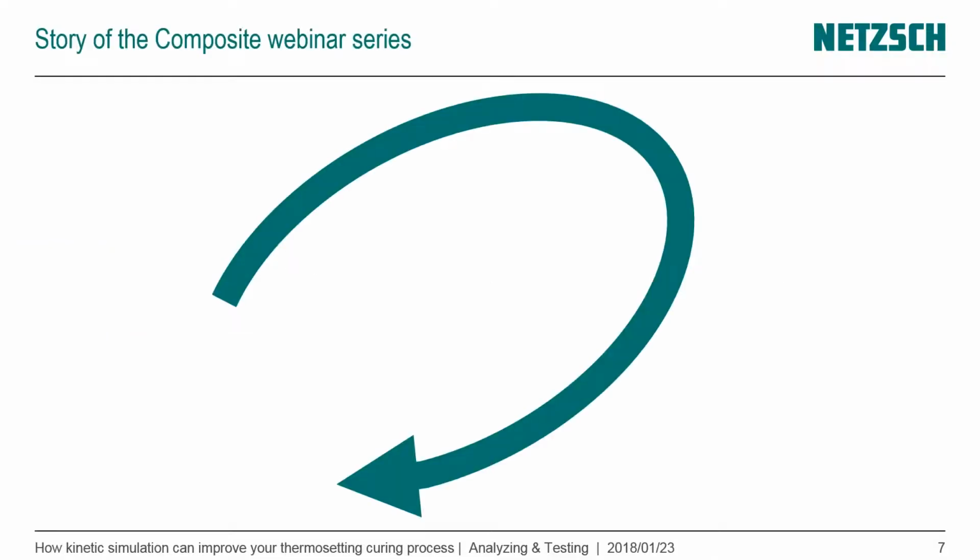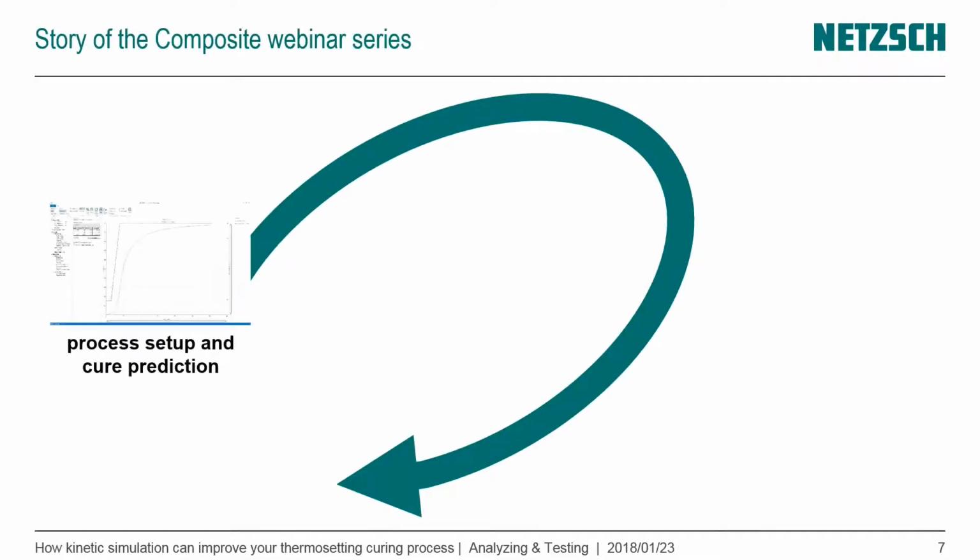In Part 1 of the Composites webinar series, we told you a story of a material manufacturing where the customer didn't know how to process the material. So we did the material characterization using differential scanning calorimetry, and we used Kinetics NEO to set up the process, to find out the right parameters for a short cycle time and a high mechanical performance of the material.